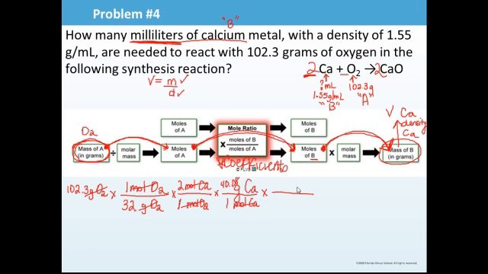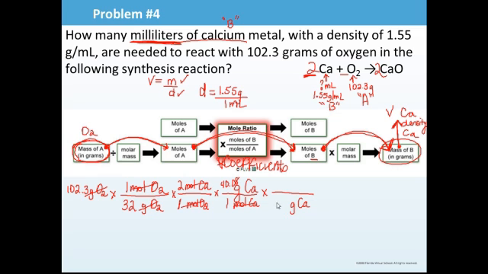So we're not done. So we put another X, put another line. Grams of calcium are on the bottom here. Remember, we can convert mass to volume using the density. Density of calcium was 1.55 grams per milliliter. Now that's grams per milliliter.